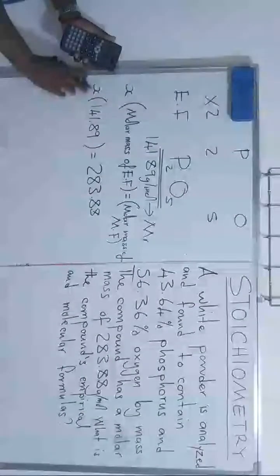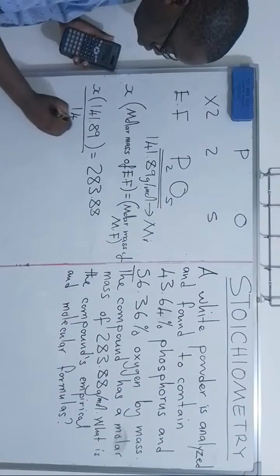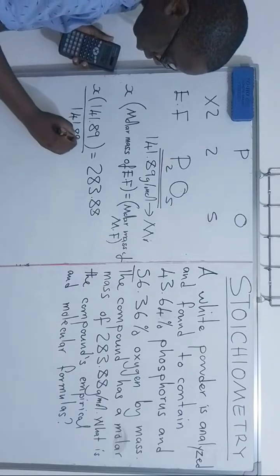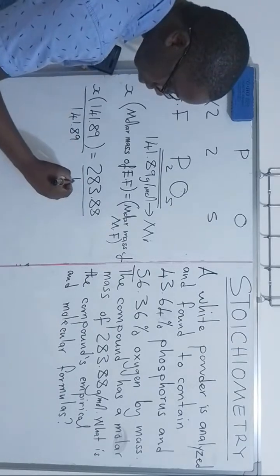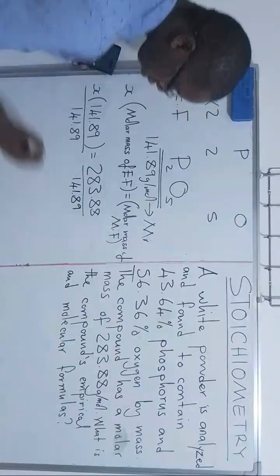We want the value of X, which is the multiplying factor. So we'll divide both sides by 141.89, and these will simplify.